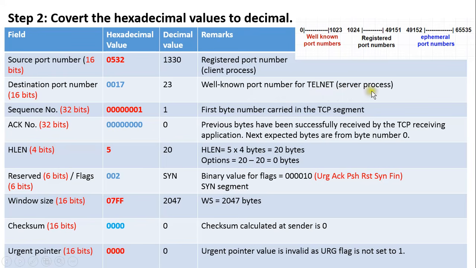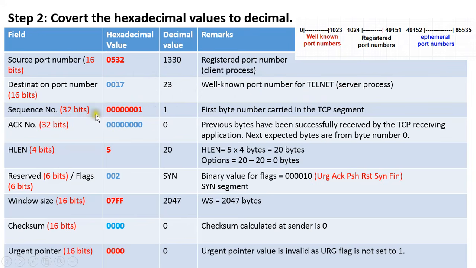So destination process is the server process and the source process is the client process. The client process is getting the registered port number over here, which can be used for the TCP or UDP application. This particular port number 1330 is used by a TCP or UDP application, and port number 23 is used by the Telnet server process. So here the source is the client process and destination is the server process.